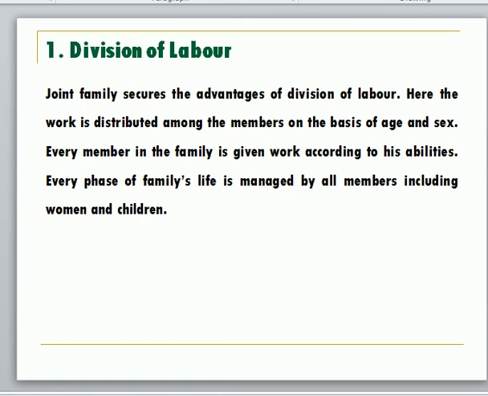Every phase of family life is managed by all members, including women and children. It means that work is distributed among the family members upon their capacity and capability as well as age and sex. Everyone's work is known: who follows which work, what to do, what not to do. Division of labor and division of work is secured in a joint family system.